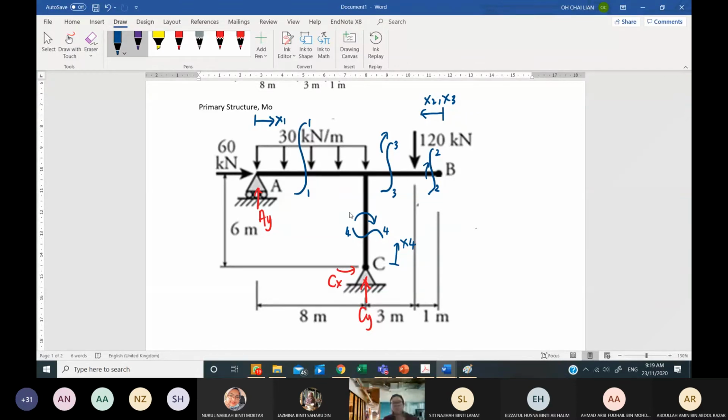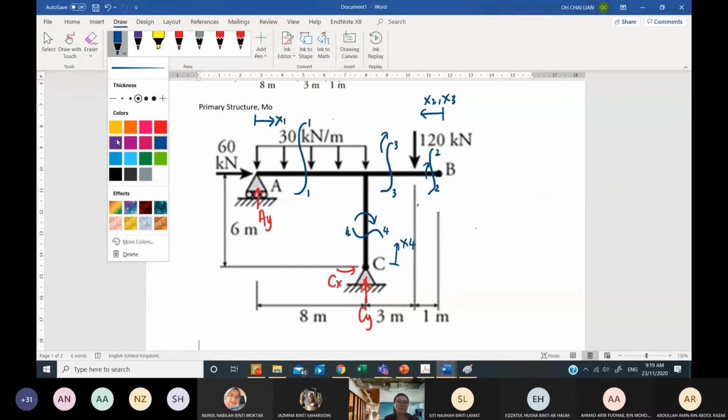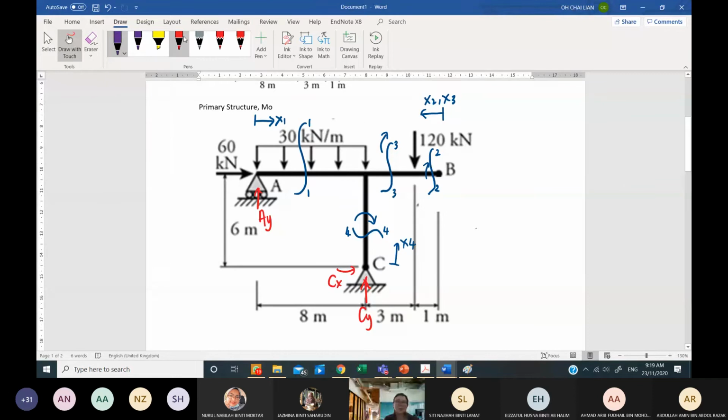Class, now you need to determine the support reaction first. Maybe you can work together with me. To do this, we can take a summation of MC equal to 0. Now I have AY, I have 30, I have 120 and 60. I start with AY.